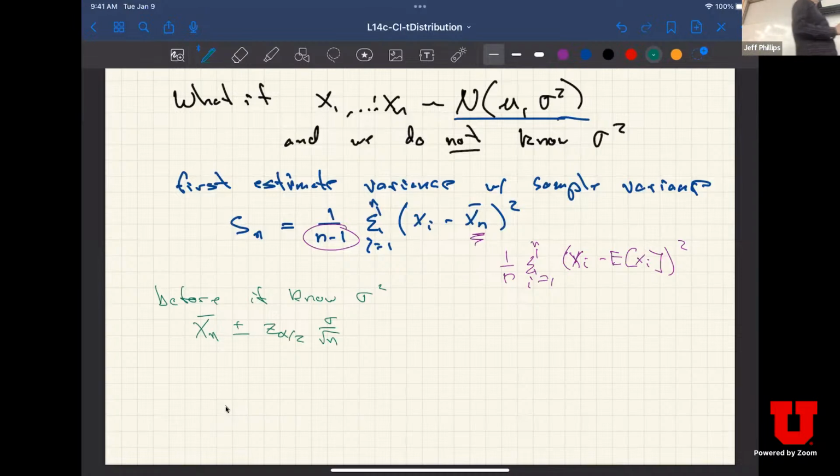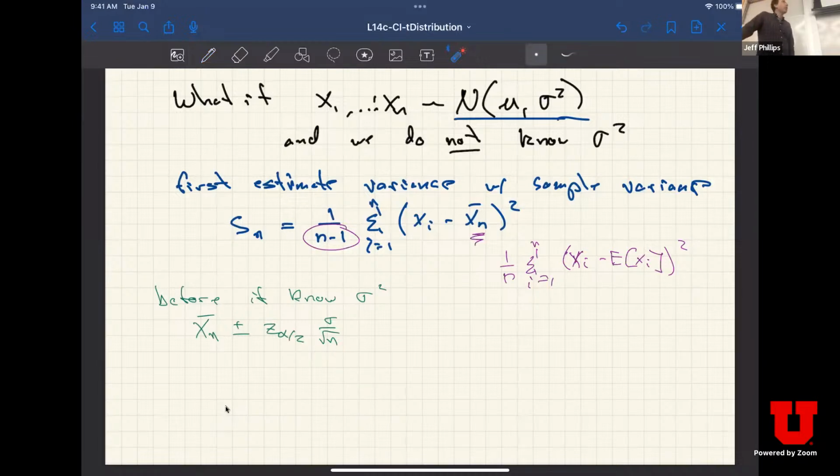So if we knew the variance, it was going to be this. This plus or minus is instead of writing the left hand and right hand side, but we need to offset it by this much.